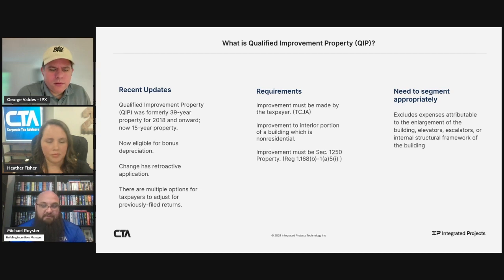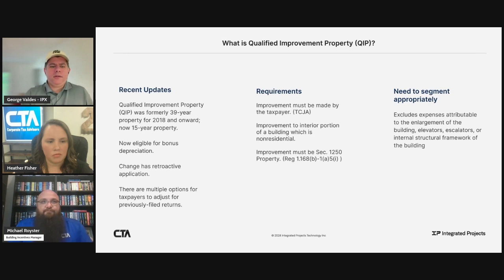So if you do these in 2023, you get 80% of that value in the first year as a deduction. The only things that don't qualify is if you expand the footprint of the building, modify the structural parts of the building, any elevators, any staircases, escalators, and then if there's anything done to the exterior of the property that's not considered land improvement, then that doesn't qualify.